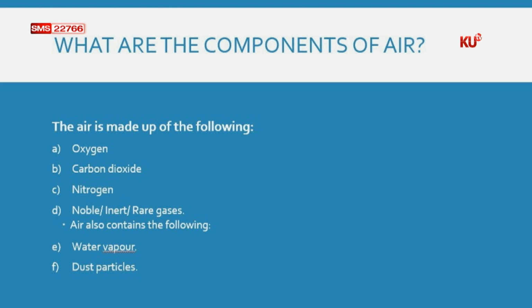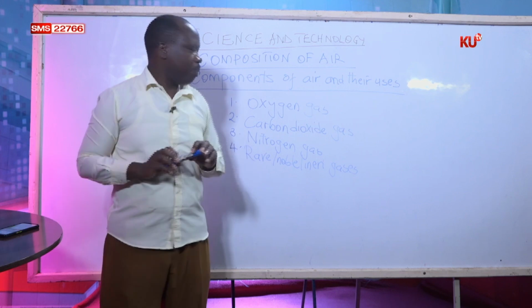Those are the 4 main components that make up air, and then you have 2 extra. We have water vapor, which also makes part of the air, and some dust particles. All those make up air.